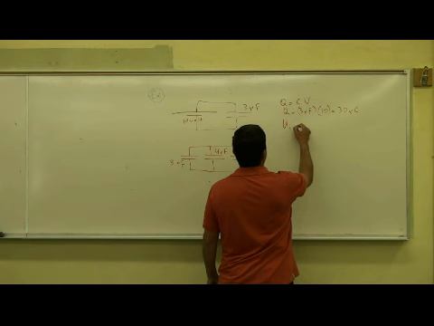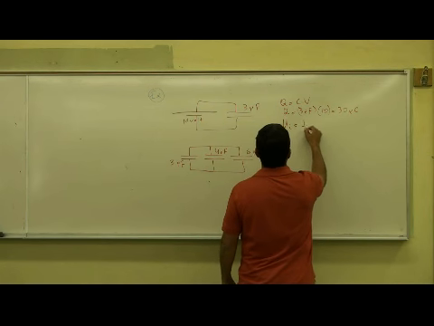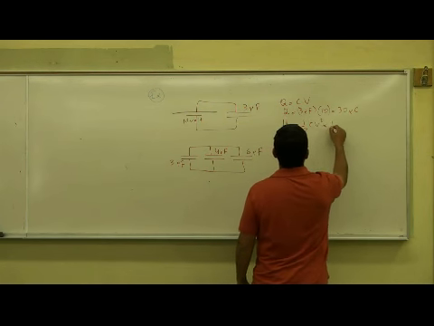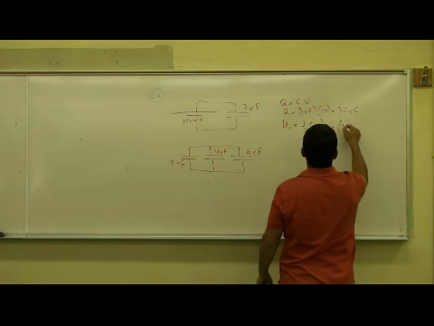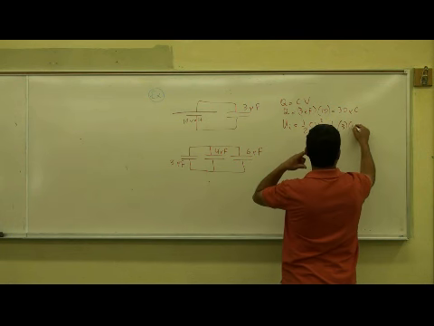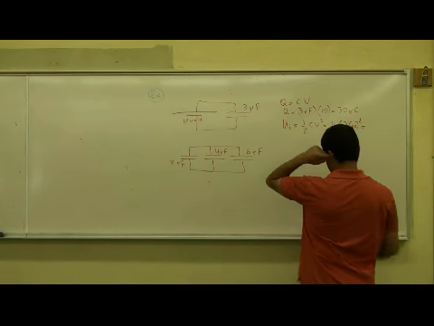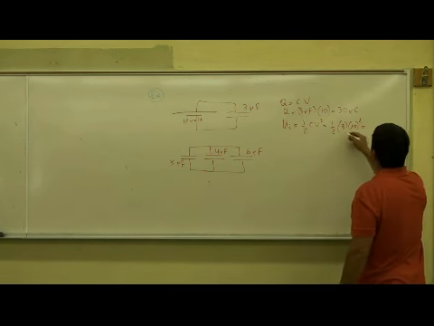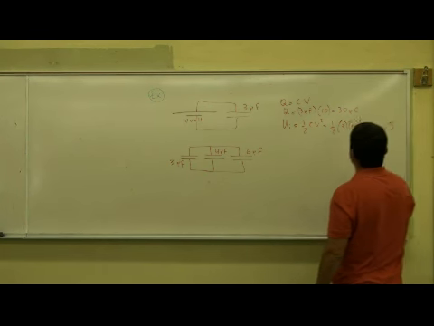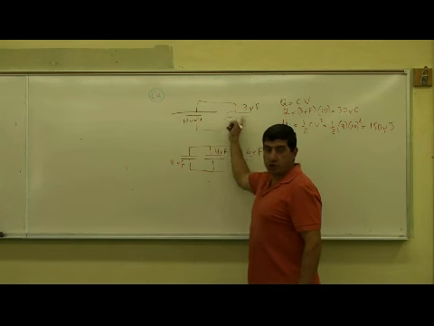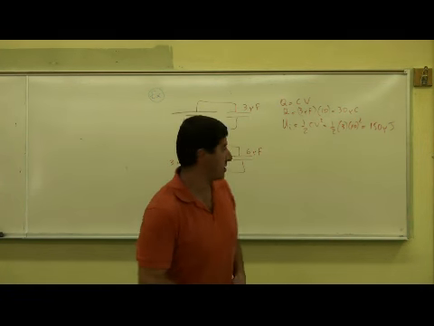Potential energy, initial, we can call that. Half CV squared. So half times 3 times voltage squared. So you're going to have 1.5 times 100, 150 microjoules. So I have now stored 150 microjoules of energy there.